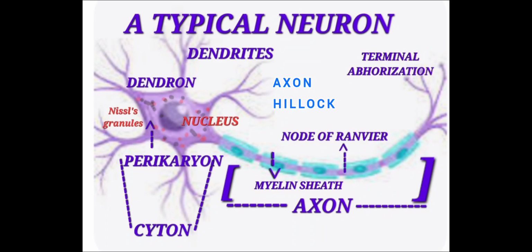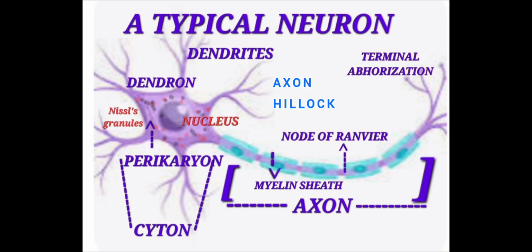Projecting from the body extend many dendrites that increase the surface area to receive a stimulus. A single axon starting from an axon hillock lengthens out. When the axon is much longer, we call it a nerve fiber.